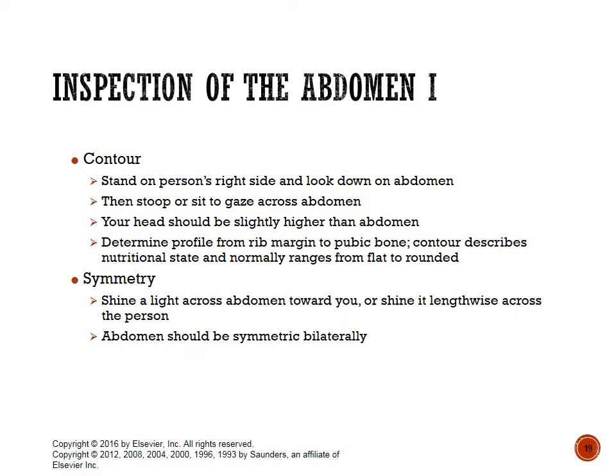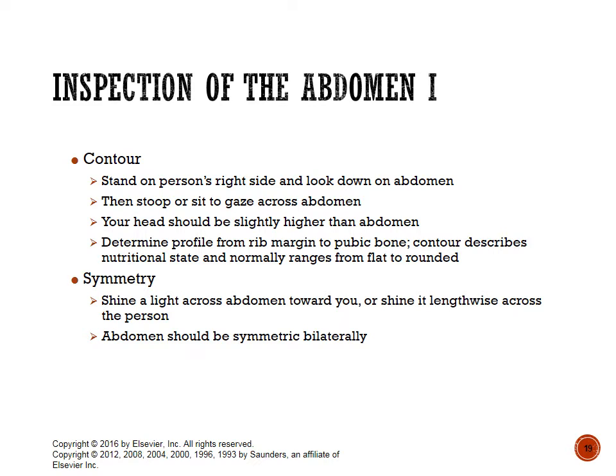Symmetry. So once again, shine that light across the abdomen towards yourself. It should be symmetrical bilaterally, but if there are any bulges, masses, or asymmetrical shape, this is the time that we note them. Even a small bulge is going to be highlighted because of the shadow that's being cast by that light.